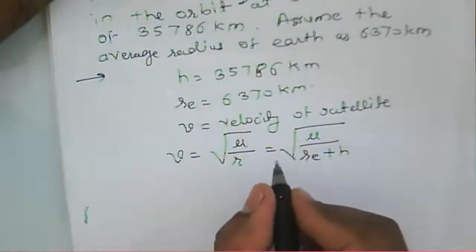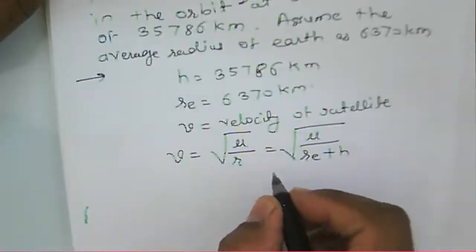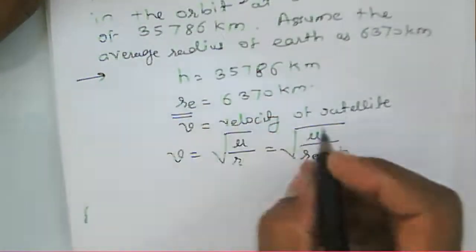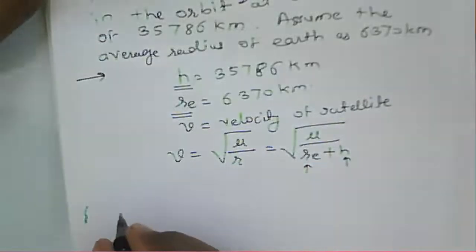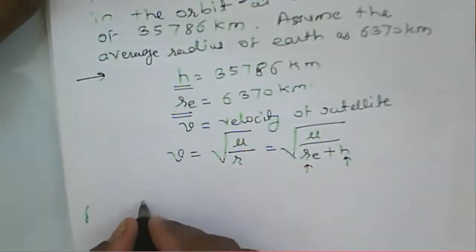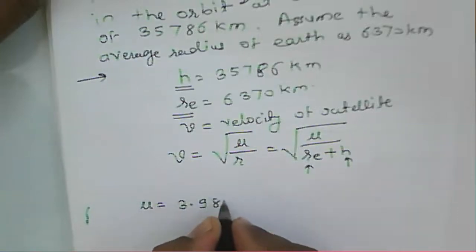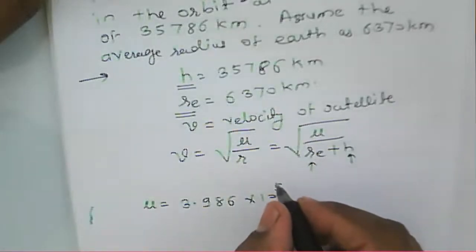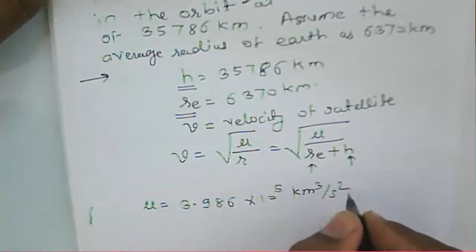So if you put all the values here, the radius of the Earth is given, the altitude is given, but for this constant, the gravitational constant, it becomes 3.986 into 10 to the power 5 kilometer cube by s square.